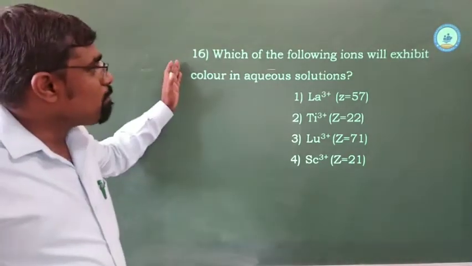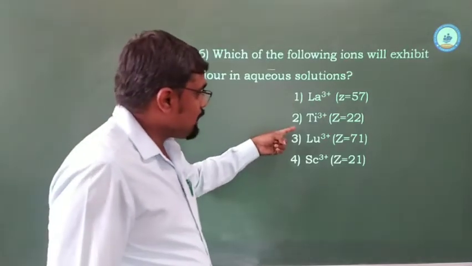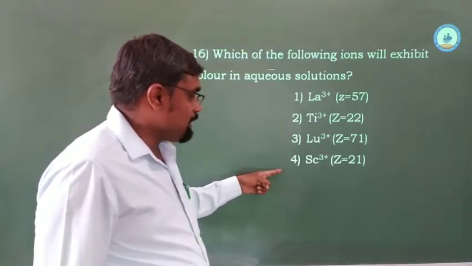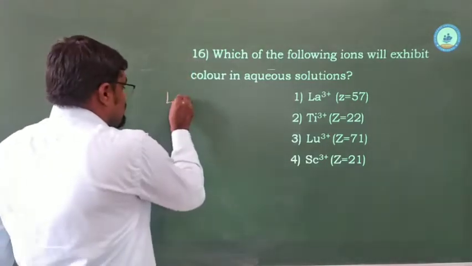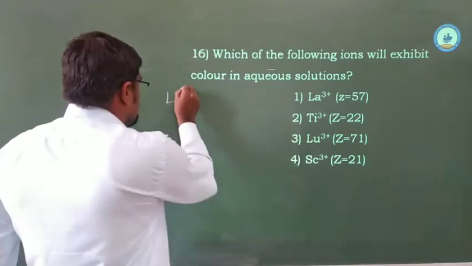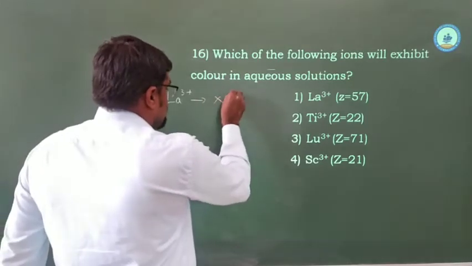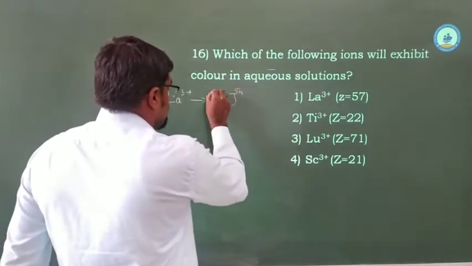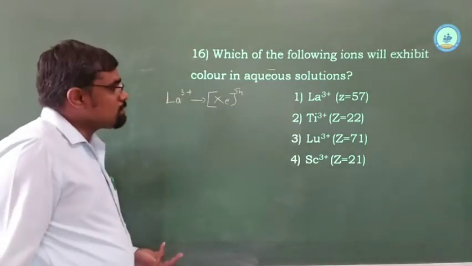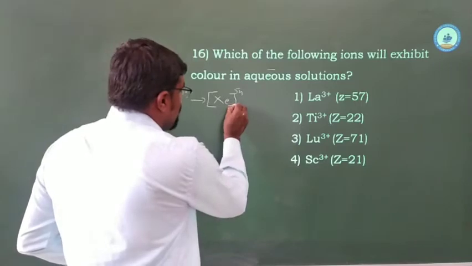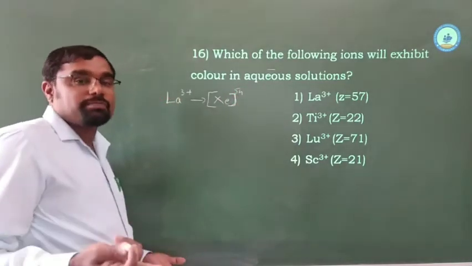Which of the following ions will exhibit color in aqueous solution? Lanthanum 3+, titanium 3+, lutetium 3+, and scandium 3+. For lanthanum 3+, the configuration is xenon 54, 5d1, 6s2. 3+ means 3 electrons are removed: 2 electrons from 6s2 and 1 electron from 5d1.